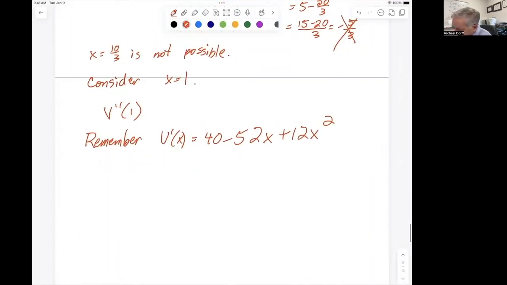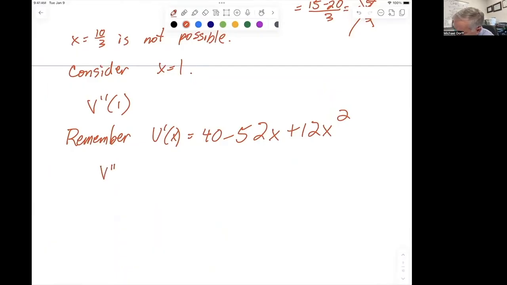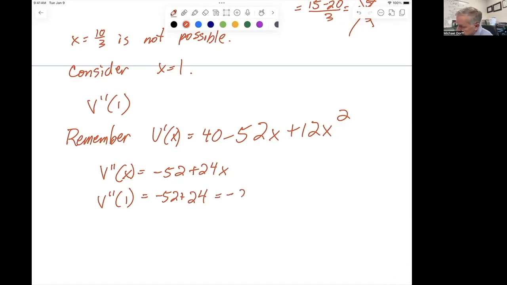Okay, so I've got that. Then the second derivative is minus 52 plus 24x. And now I look at the second derivative at 1. I get negative 52 plus 24, and that is equal to, I think, negative 28.